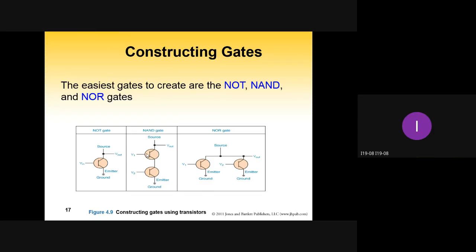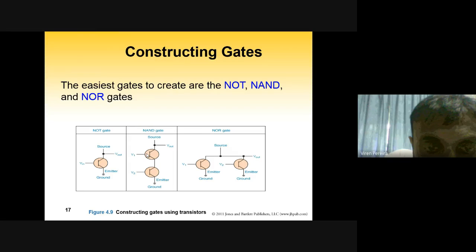So we have V1, we have V2. Now say V1 is 0 and V2 is 1. 1 means basically 5 volts. Just remember that, 5 volts or 3 volts, whatever it is.